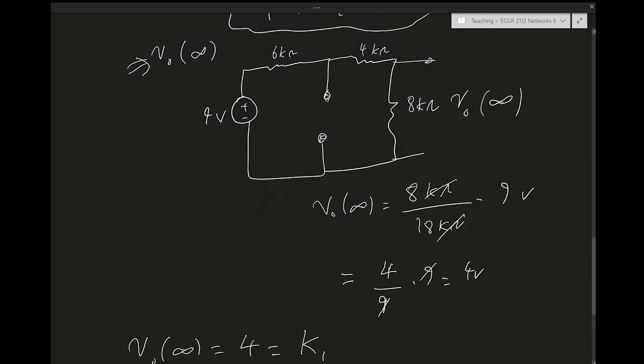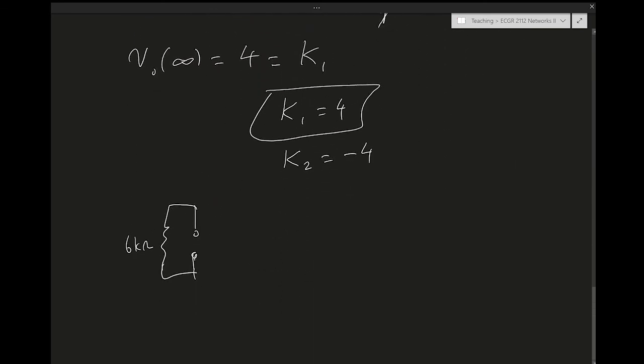And then we're going to have 4 plus 8. And we need to find R Thevenin from that perspective, right? So R Thevenin is going to be 6 kilo ohms parallel 12 kilo ohms, right?